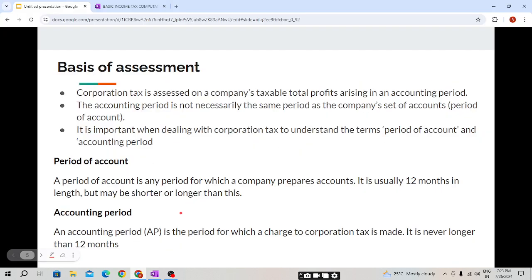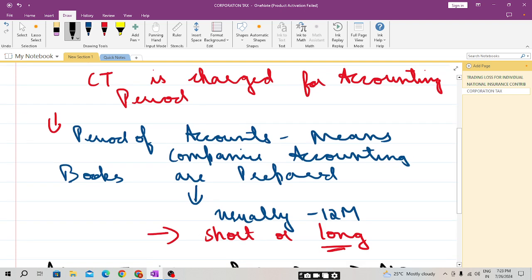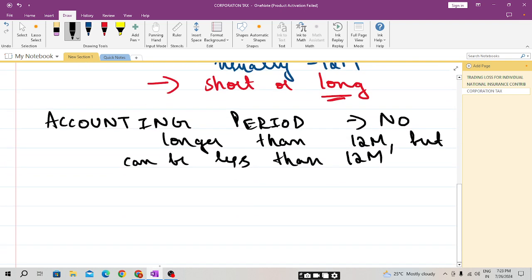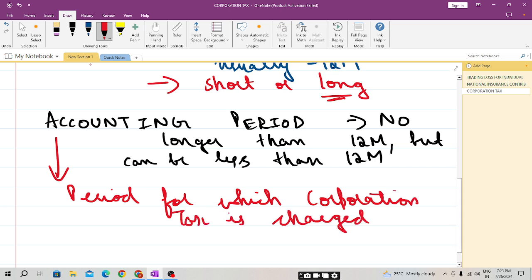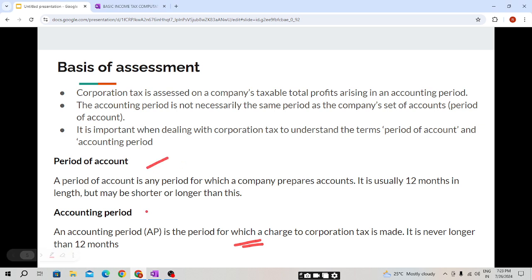Now students, as we have seen, the accounting period is the period for which corporation tax is charged. So till now we have covered these two topics.